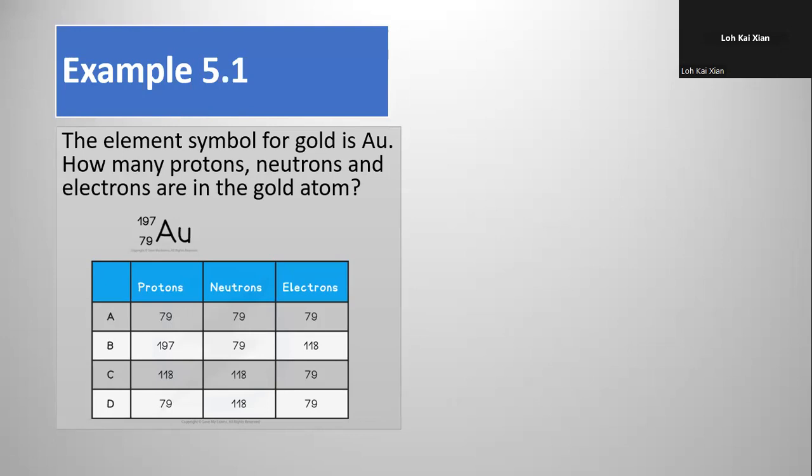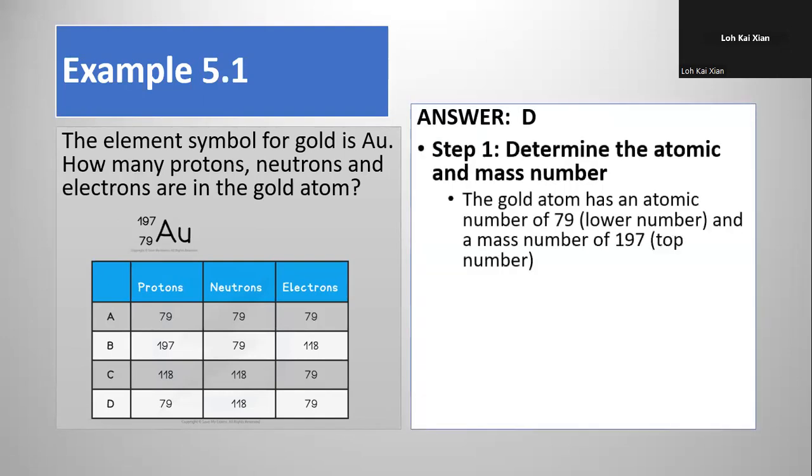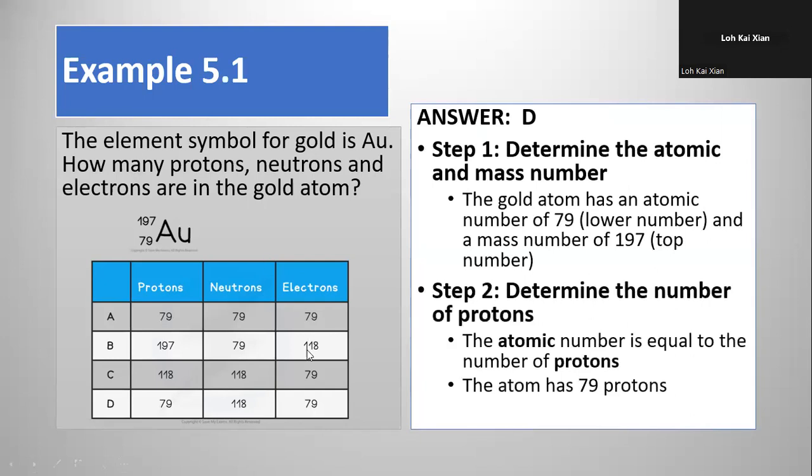D. Donkey, is it? Yes, donkey. Okay, you're right. They must have the same number of proton and electron, no? And then 197 minus 79, no? 118. Good.